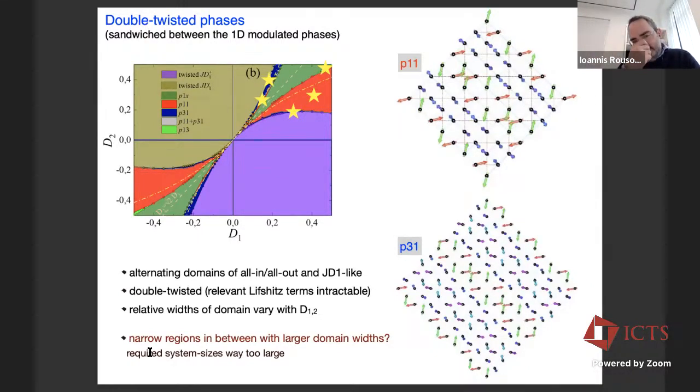And I'm saying this because the natural way to think about this phase is that you go from one phase to the other. Let's say you want to go from this purple phase to the green phase, and you have this red phase in between. So you combine domains of the purple and domains of the green.